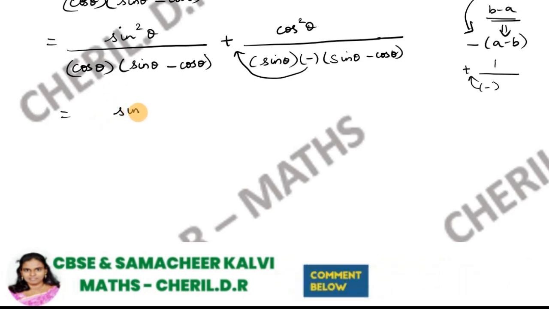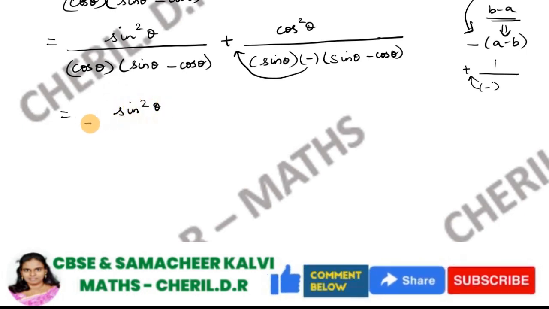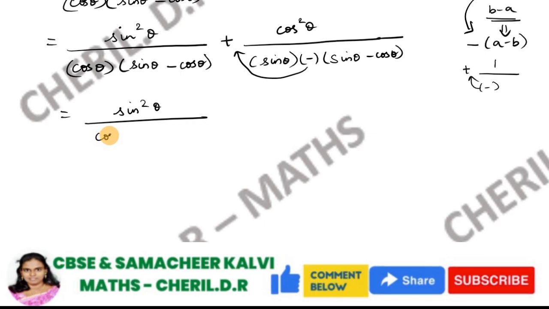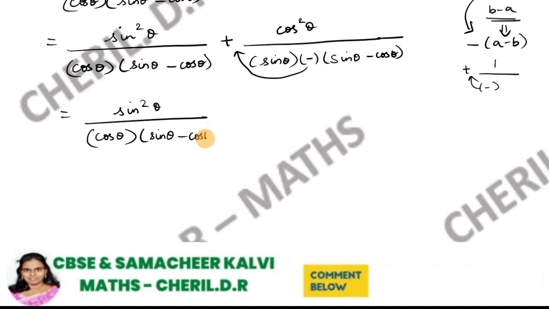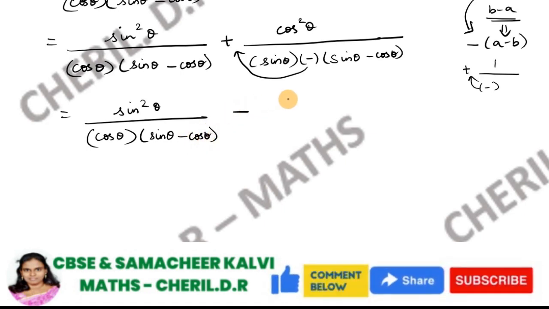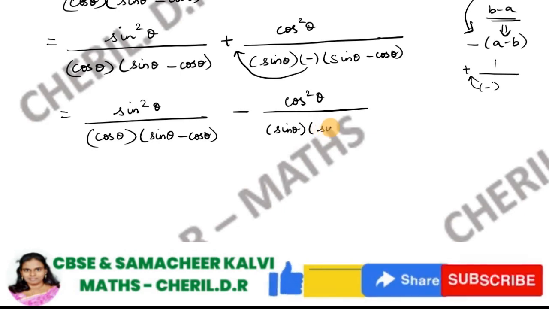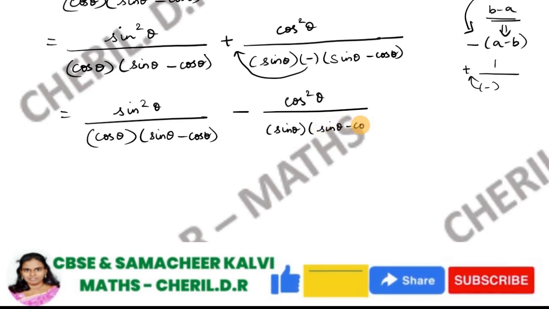So you have sin square theta divided by cos theta into sin theta minus cos theta, minus cos square theta divided by sin theta into sin theta minus cos theta.